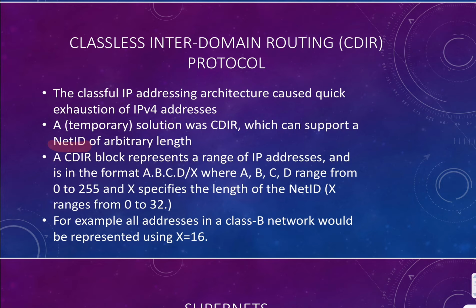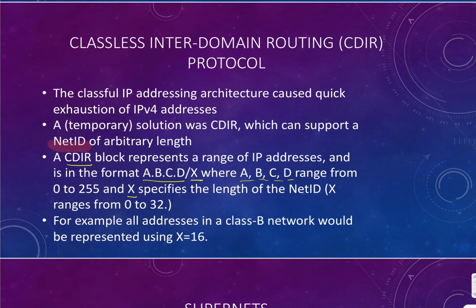So here's how it works. A CIDR block represents a range of IP addresses, and it is in the format A.B.C.D/X. A, B, C, D are the octets, as usual, that range from 0 to 255, and X specifies the length of the net ID.